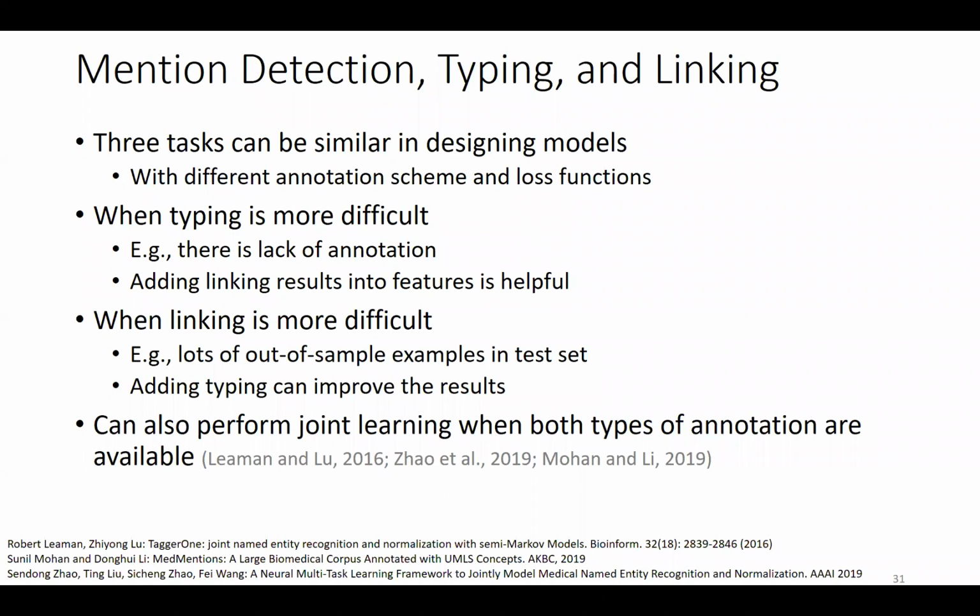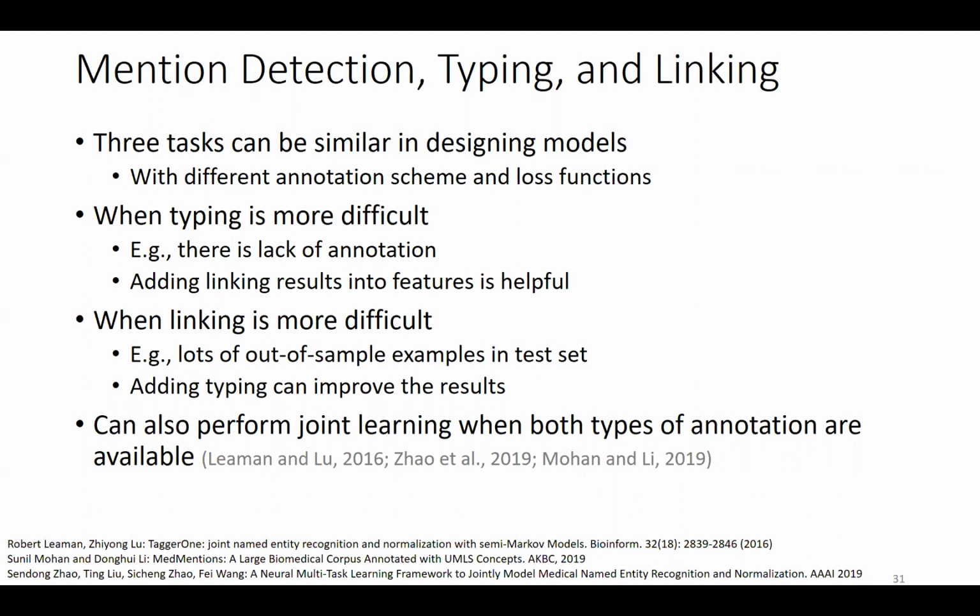In general, mention detection, entity typing, and entity linking are three related tasks. They have different annotations and loss functions to train, but they can help each other. For example, when typing is more difficult, where there is very little annotation or the number of types is large, then adding linking results as features could be helpful.